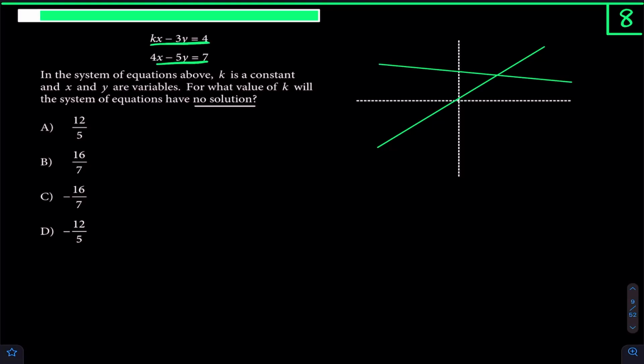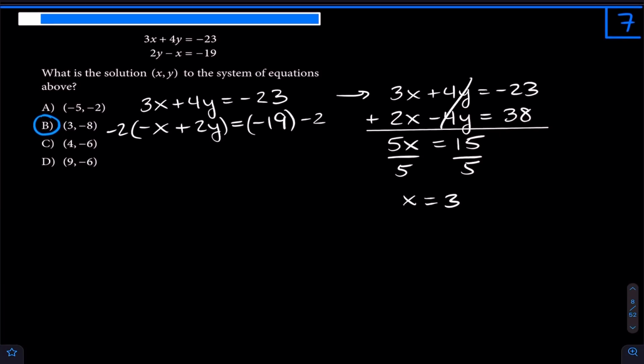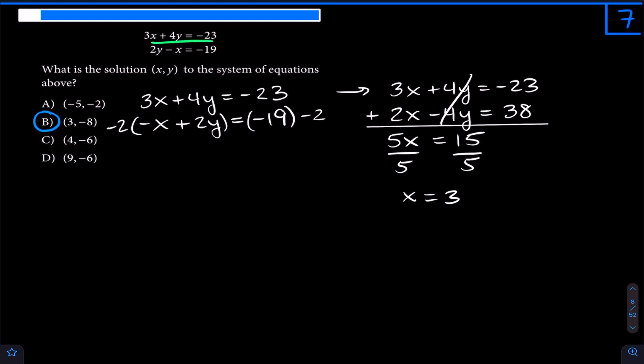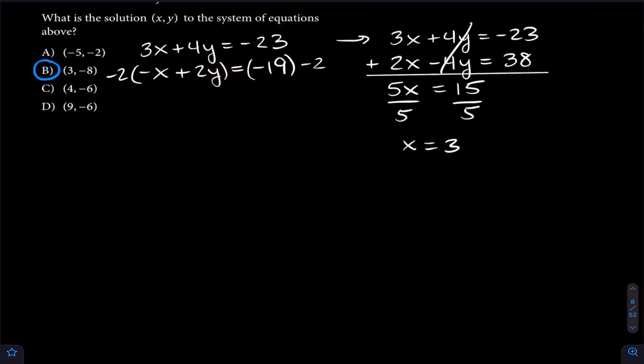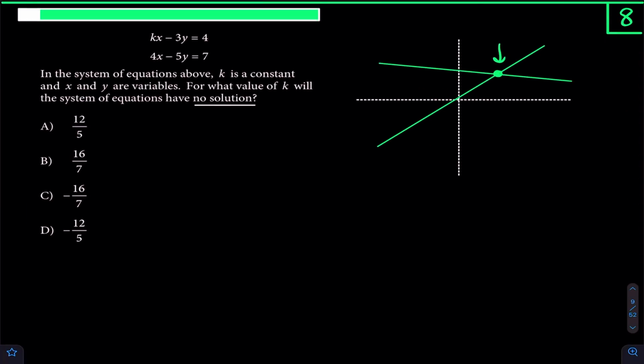You can convert them both into y equals mx plus b form, and let's say that you graph them, they'll most likely intersect at a certain point. And that point that they intersect at is called the solution. You're trying to find where these two lines intersect. That's what we do in this problem here, in problem 7. These two are both lines, and we found where they intersected. That's what goes on here. But these lines don't have to intersect.